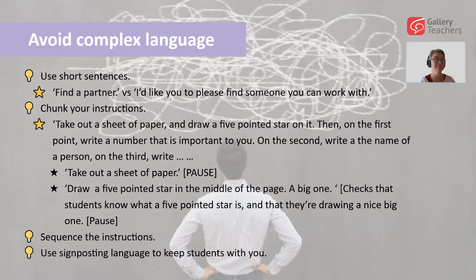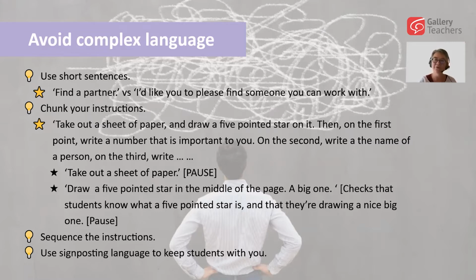The teacher says, take out a sheet of paper and draw a 5-pointed star. Then on the first point, write a number that is important to you. On the second, write the name of a person. And on the third, write a place that's important to you. Now, who's going to remember what they're supposed to write on each of the points?